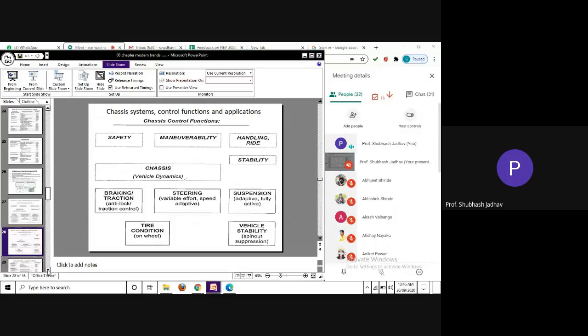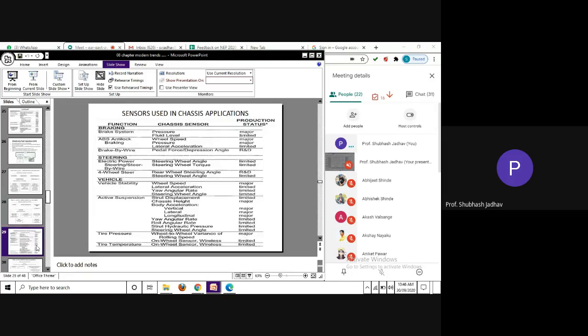So everything nowadays will have sensors. Suspension, chassis related applications. So brakes, anti-lock braking, steering, four-wheel steering, etc. Vehicle stability, suspension, tire pressure, tire temperature.